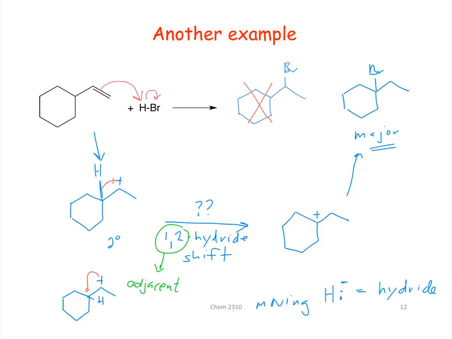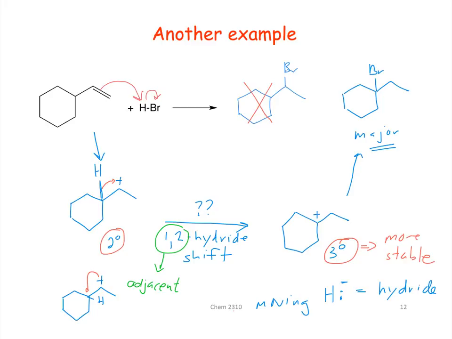All right, so why would it do that? Okay, so it's going from a secondary position. What's it forming? It's forming a tertiary carbocation, right? So we know that the tertiary carbocation is more stable.